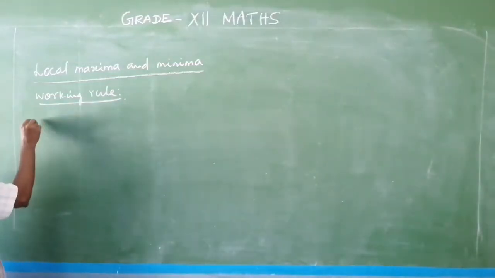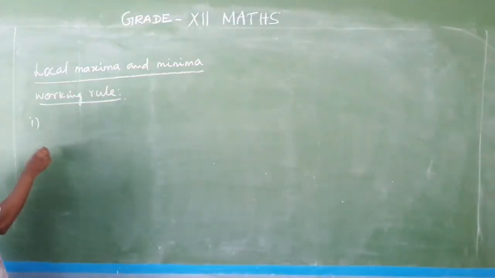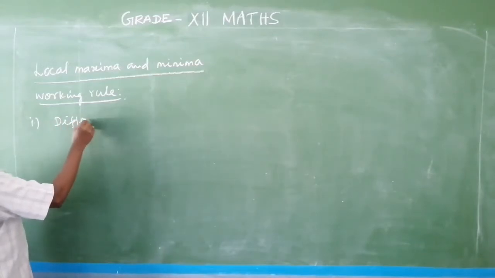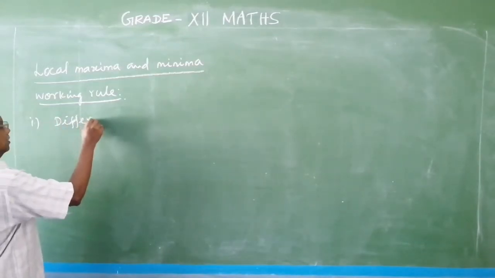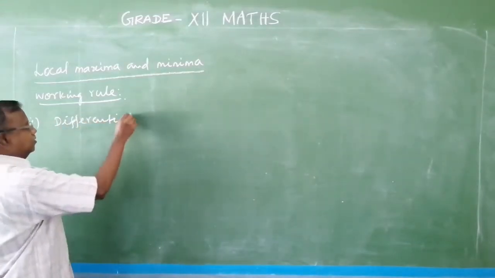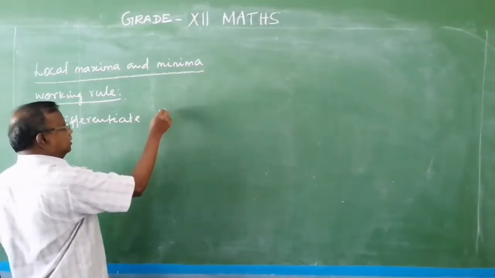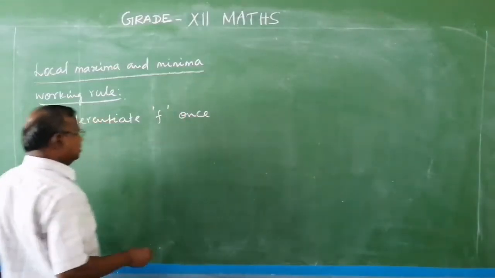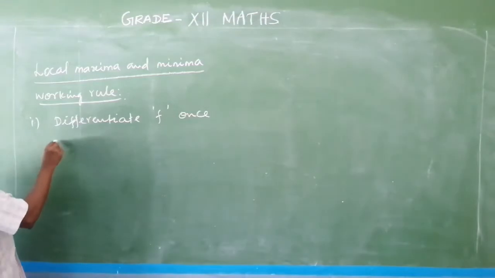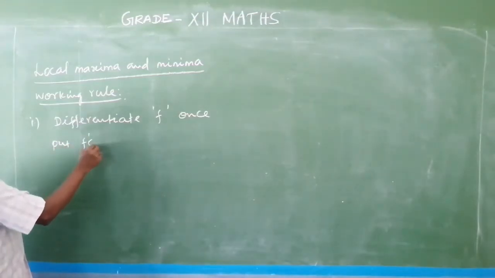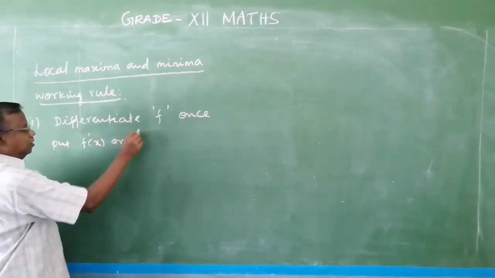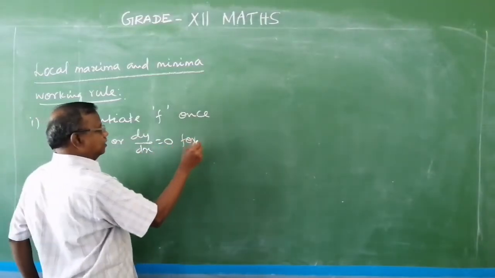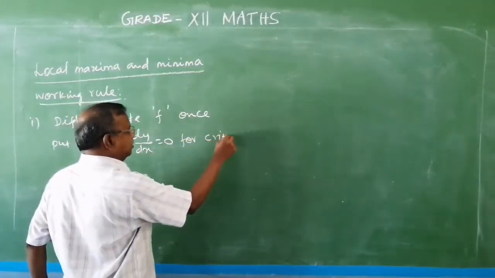Now, first, differentiate f once, put f dash of x or dy by dx equal to 0 for critical numbers.